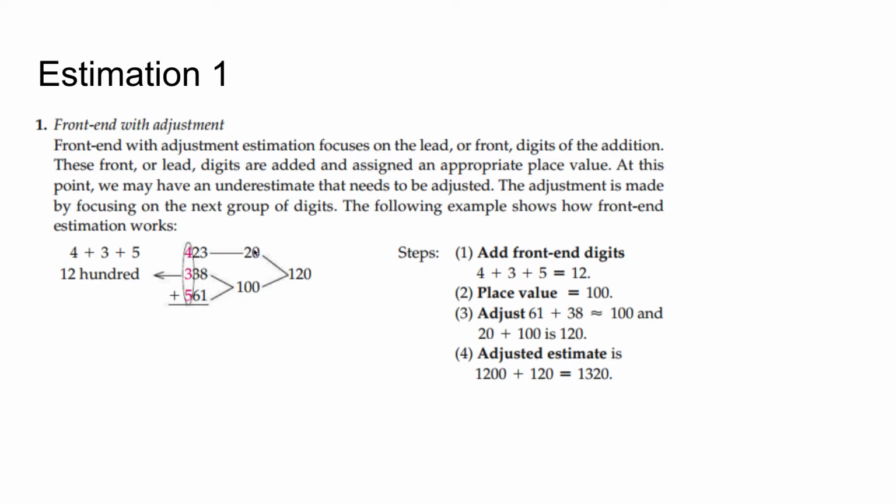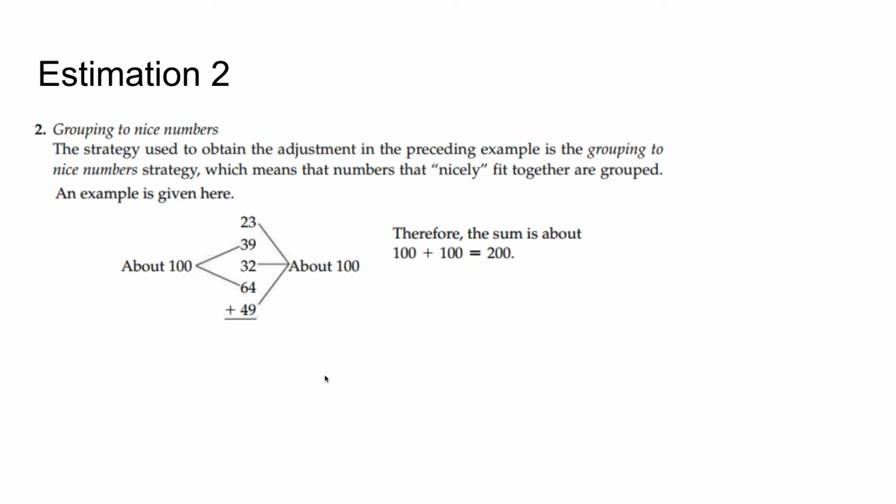That makes 120. So I have 1200 and 100, which is approximately 1320. Okay, that's estimation.